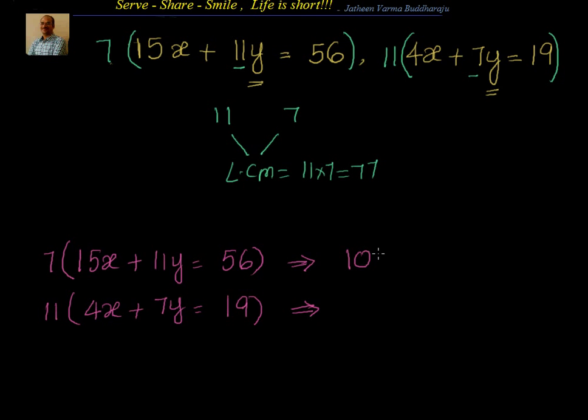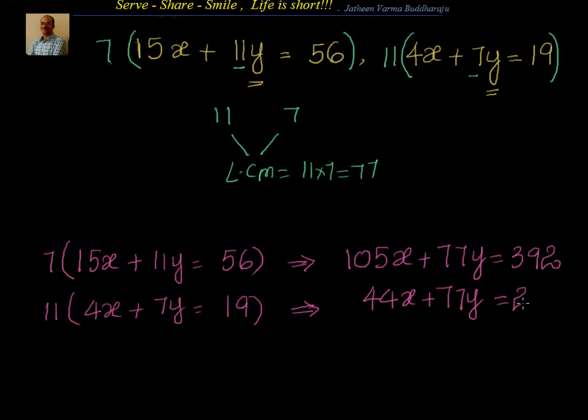I will have 105x plus 77y equal to 7 into 56, which is 392. Similarly, I have 11 into 4 is 44x plus 11 into 7 is 77y equal to 11 into 19, that is equal to 209. Now you can see that in the last example we had opposite signs for the variable y which we want to eliminate, whereas here it is the same sign.